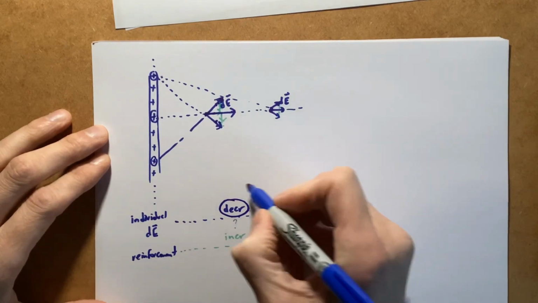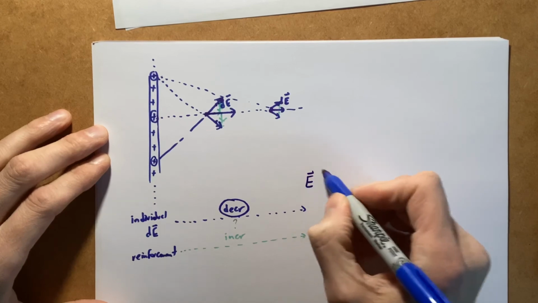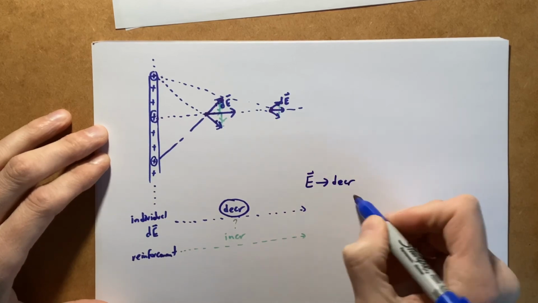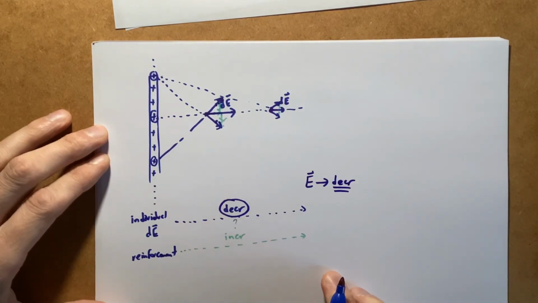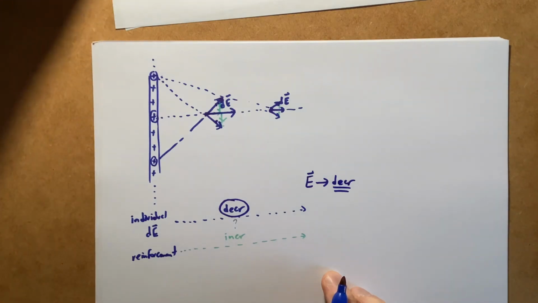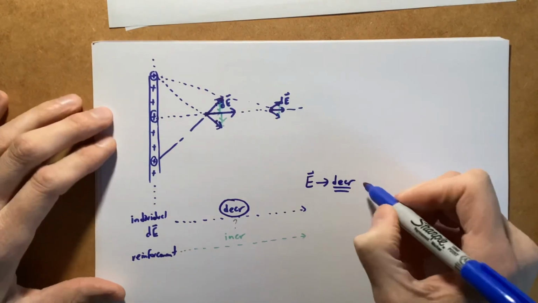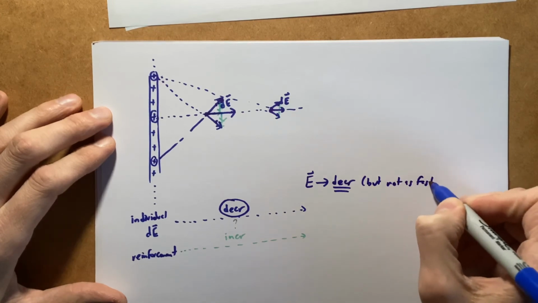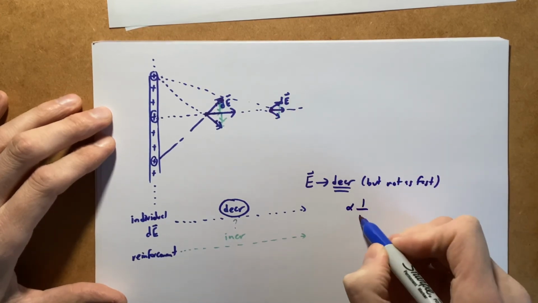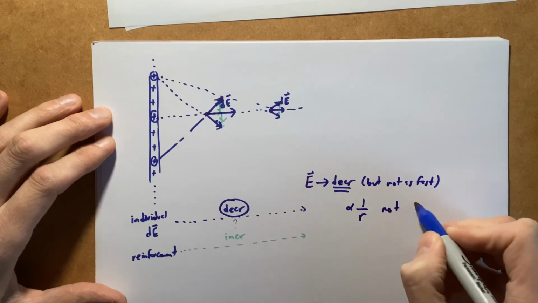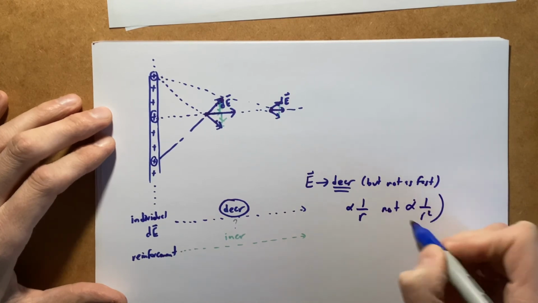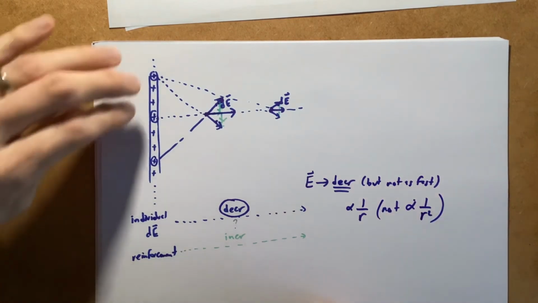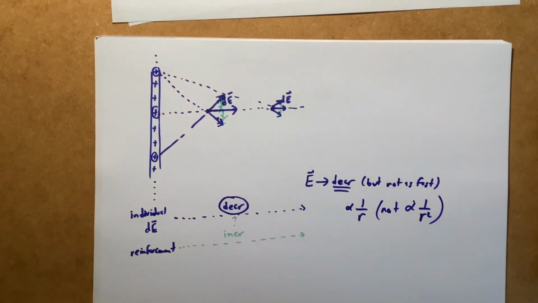So the electric field overall does decrease, okay? The electric field decreases. However, it decreases more slowly than you might have expected, and that is exactly why you get proportional to r, not proportional to 1 over r squared anymore, okay? It's because of the kind of coordination that these guys have with each other, okay?